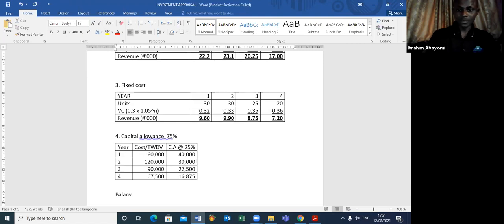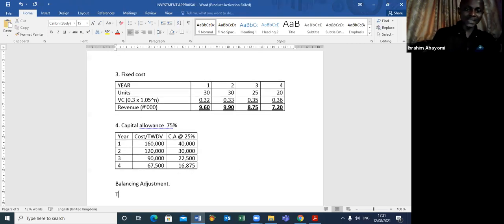Balancing adjustment. So what is the tax written down value? Tax written down value is 67,500 minus 16,875.